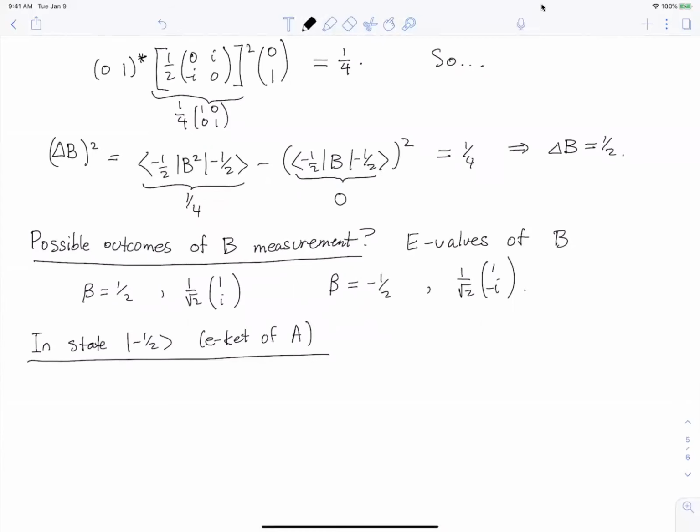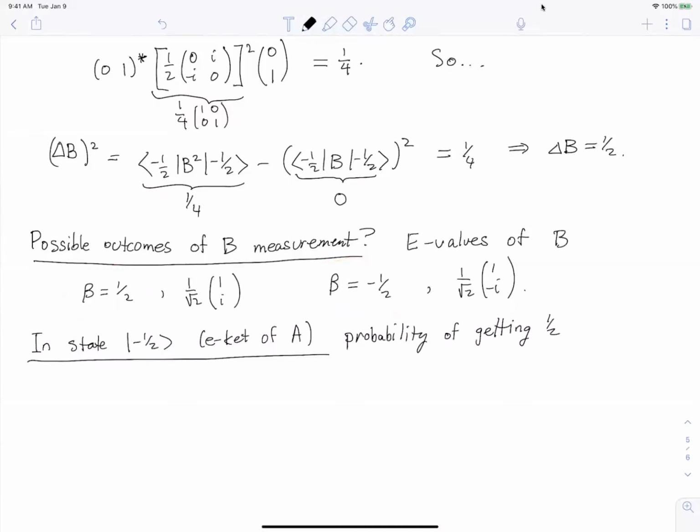What's the probability of getting plus 1/2 for B? Notice plus 1/2 is one of the options because it's an eigenvalue of B. If I asked you what was the probability of getting the answer 0, the answer would be 0. There's no way that you can measure B and get the answer 0 because it is not one of the eigenvalues. Those are the allowed results.